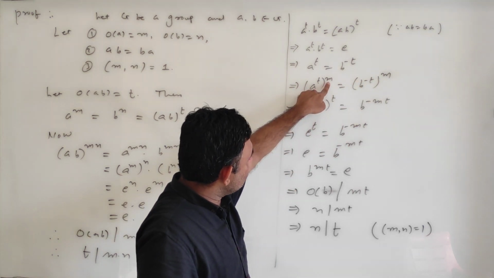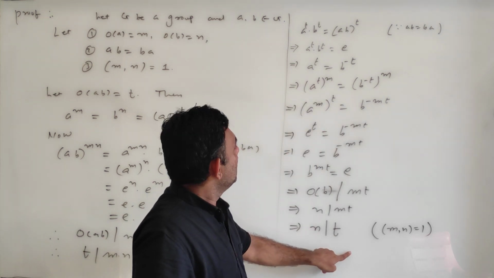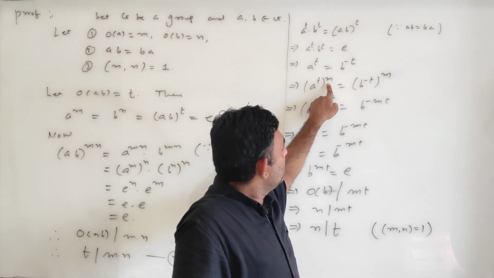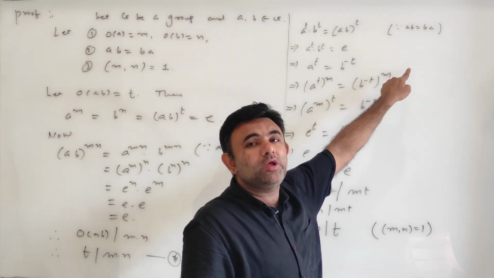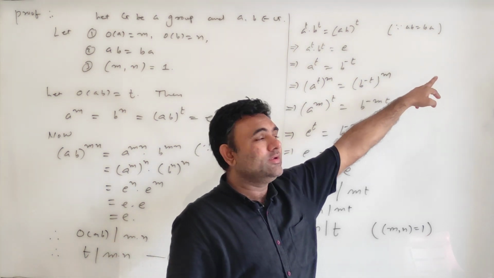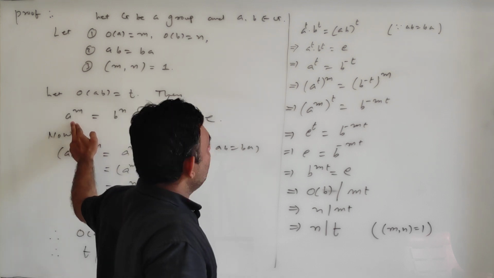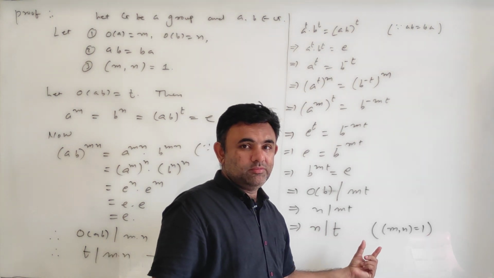So if I consider the m power here, then I get n divides T. Instead of m I may consider n also. You look at A raised to T raised to n and B raised to minus T raised to n. B raised to n gives me identity, and the order of A is m, so I here get m divides t.